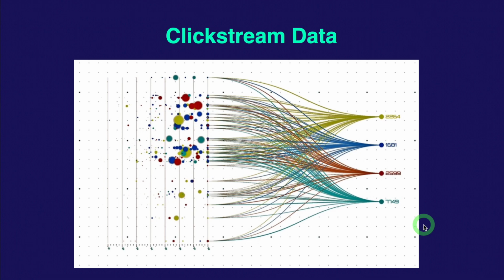Clickstream data is data based on sessions, and it's anonymized data from users who have consented for their data to be collected. Typically it could be collected from browser plugins or from websites where users have consented for their data to be collected. What Clickstream data does is it takes a user session.